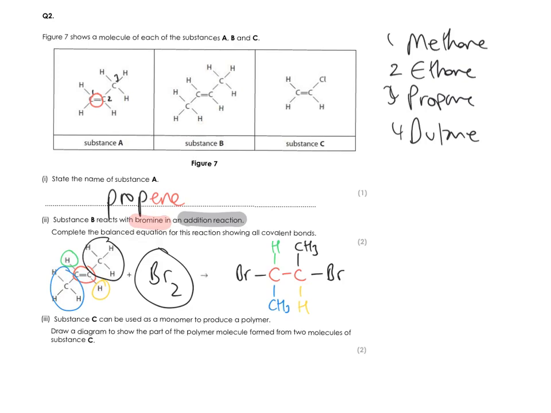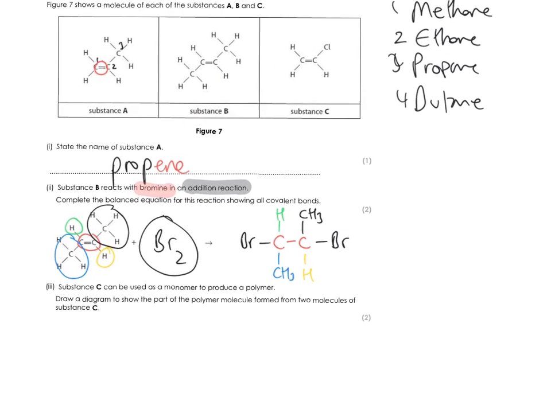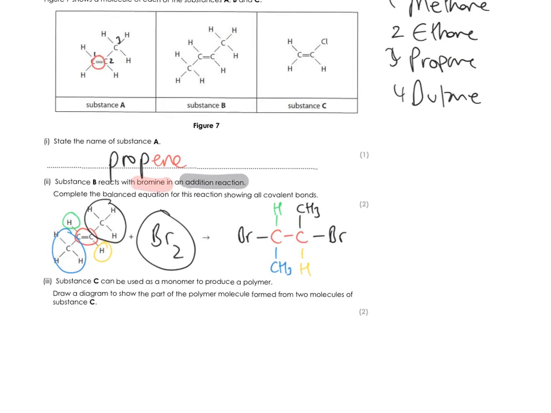And it says substance C can be used as a monomer to form a polymer. There it is. Draw a diagram to show part of the polymer molecule formed from 2 molecules of substance C. So it's asking you specifically to join 2 of them together. So we're going to have 4 carbons in a row, 2 lots of this double bond here. And then we're going to have this H on the first carbon of each of those.